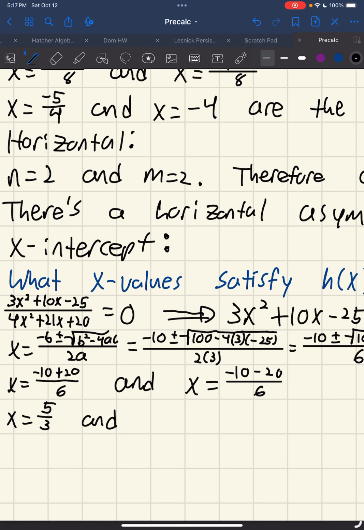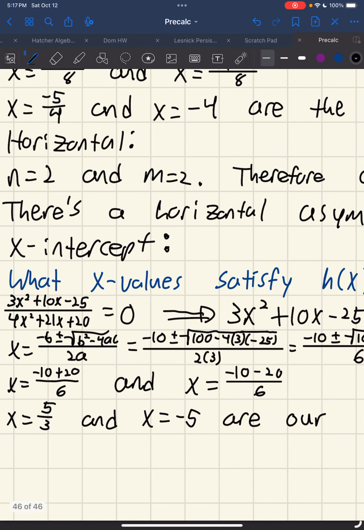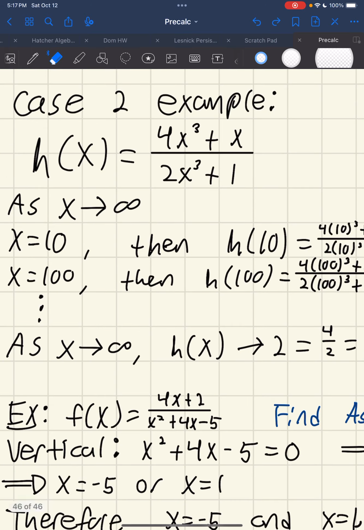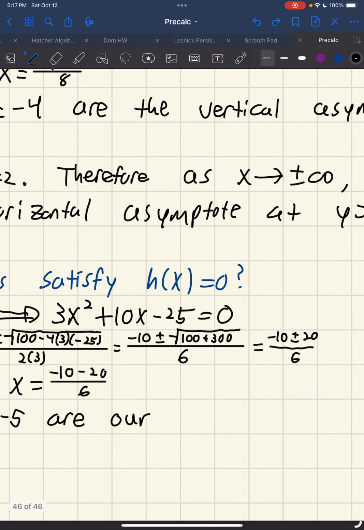We'll get negative 30 over 6, which reduces to just negative 5. And those two are our... I actually totally forgot what we were doing here. We're not doing asymptotes. Apologies. But it is where it crosses the x-axis. Are our x-intercepts. Sorry, I misspoke earlier. We were not doing asymptotes.